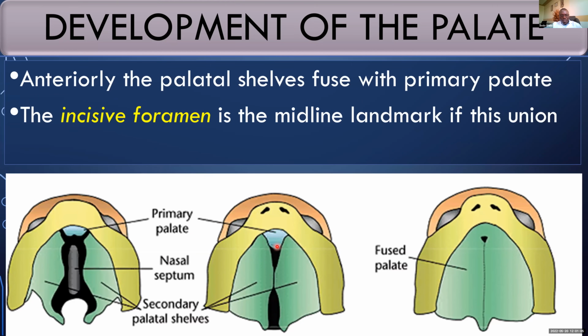Even though there's fusion, the fusion is not complete, and so there's usually a small hole that marks that separation. That small hole is called the incisive foramen. The incisive foramen marks the union between the primary palate anteriorly and the secondary palate posterolaterally.